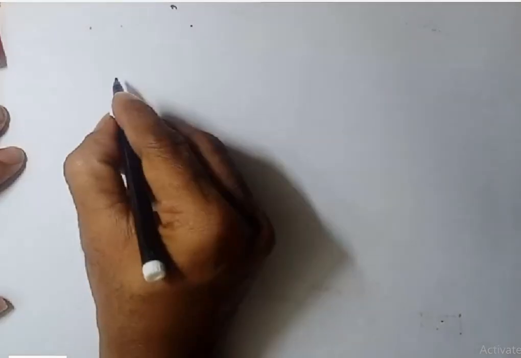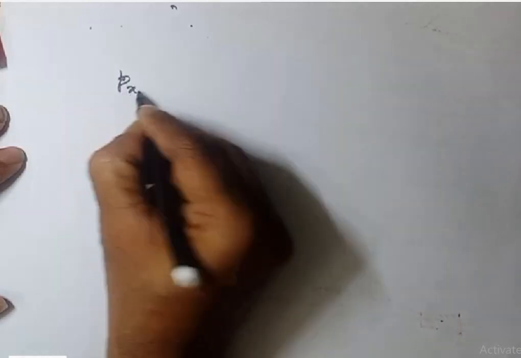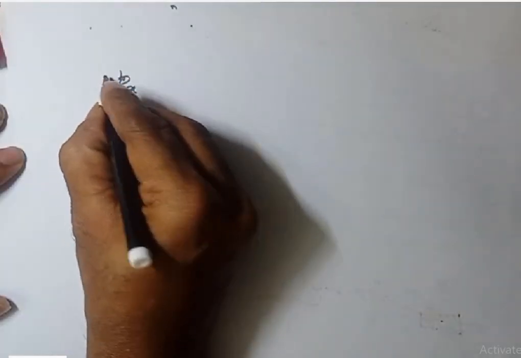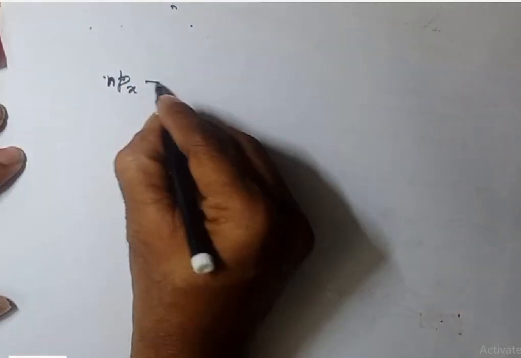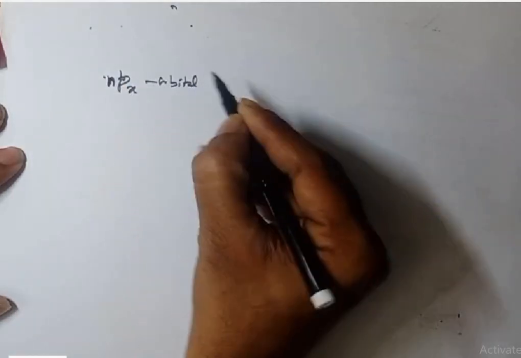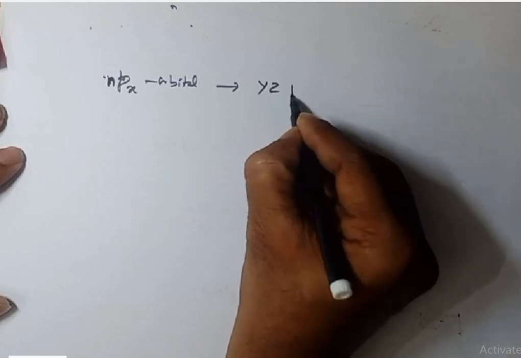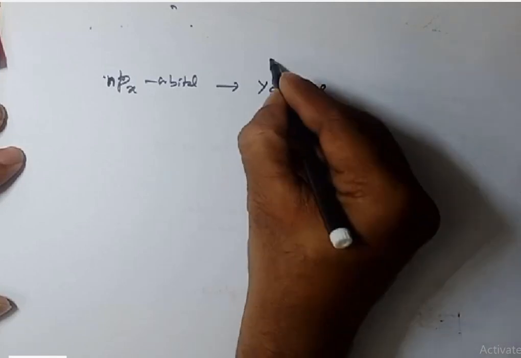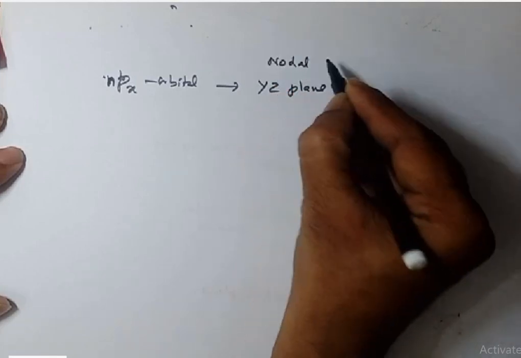So, let me write. In general for the 2px orbital, 2px, 3px, whatever it is, npx, the YZ plane is the nodal plane or nodal surface.